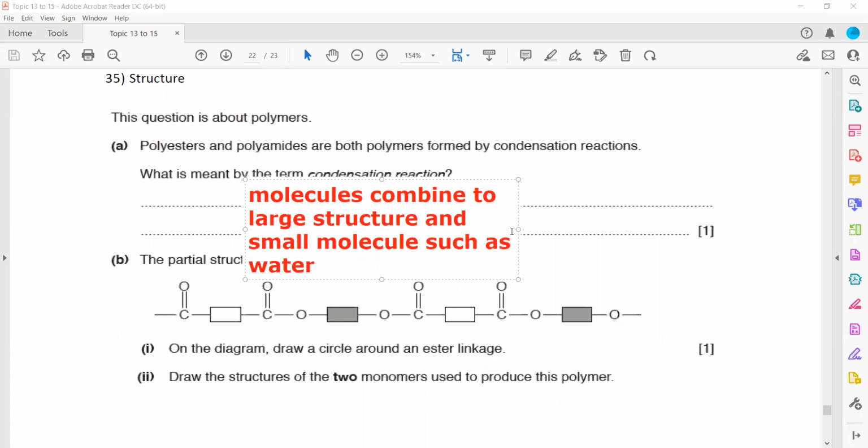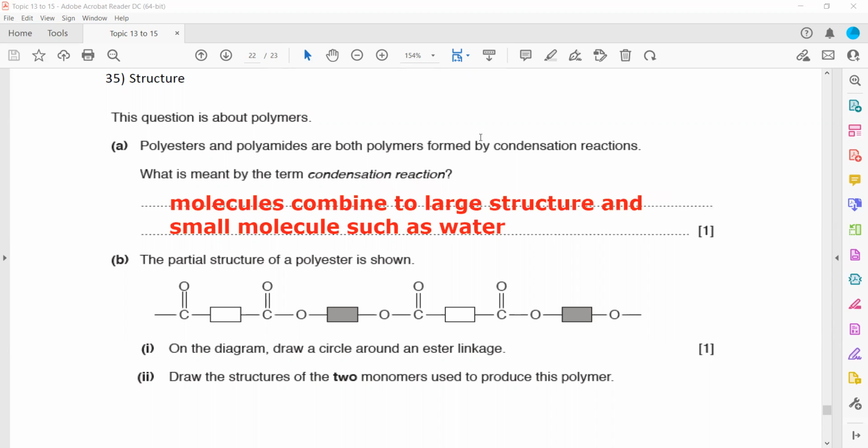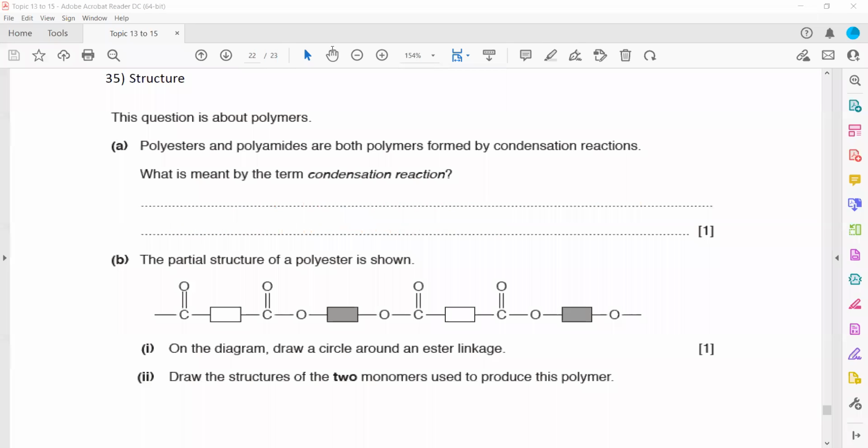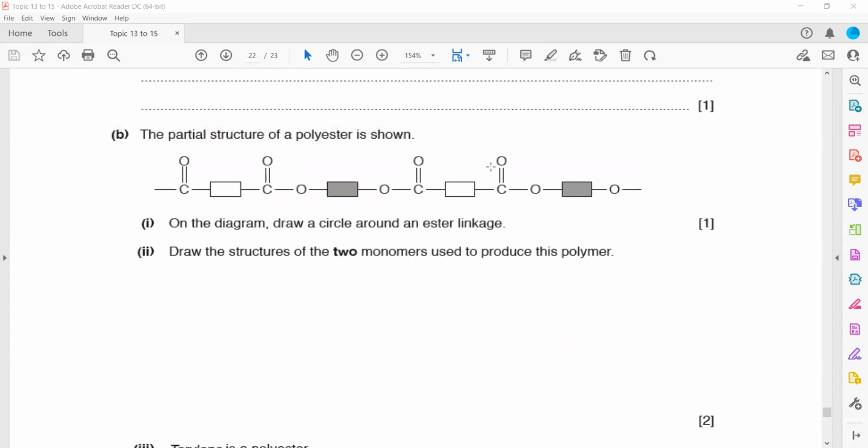So when molecules are combining, they combine with each other, and as a result, they form a large structure and a small molecule. And that small molecule is normally water or HCl. This is known as a condensation reaction, a reaction in which a small molecule is formed by the reaction of two or more molecules.